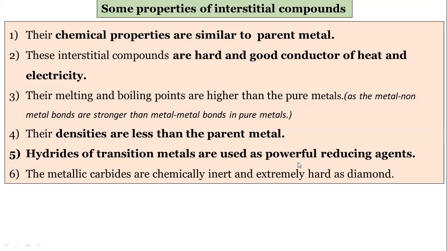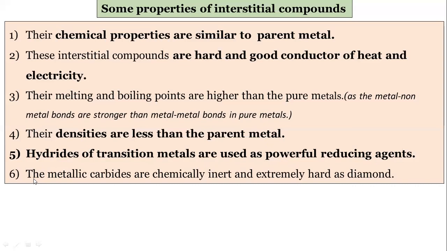Then their densities are less than the parent metal. Remember, the density of these interstitial compounds is less than the parent metal. Then hydrides of transition metals are used as powerful reducing agents. Hydrides, you know, are the compounds with hydrogen.